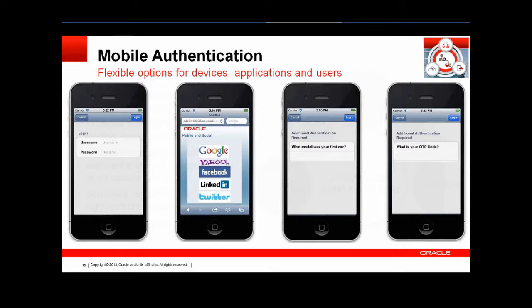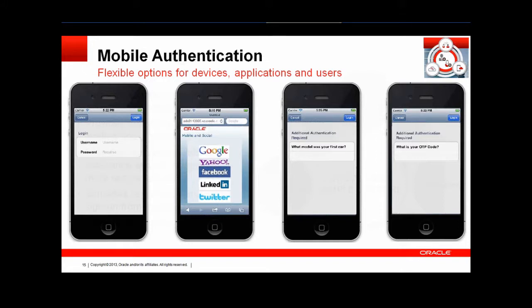That's your third screen there. And the fourth screen, since Adaptive Access Manager also supports OTP, we can do that as well, right? So it can send you an OTP either through an SMS or voicemail, and then you come here and enter your OTP code, and if everything matches, it allows you to log in.